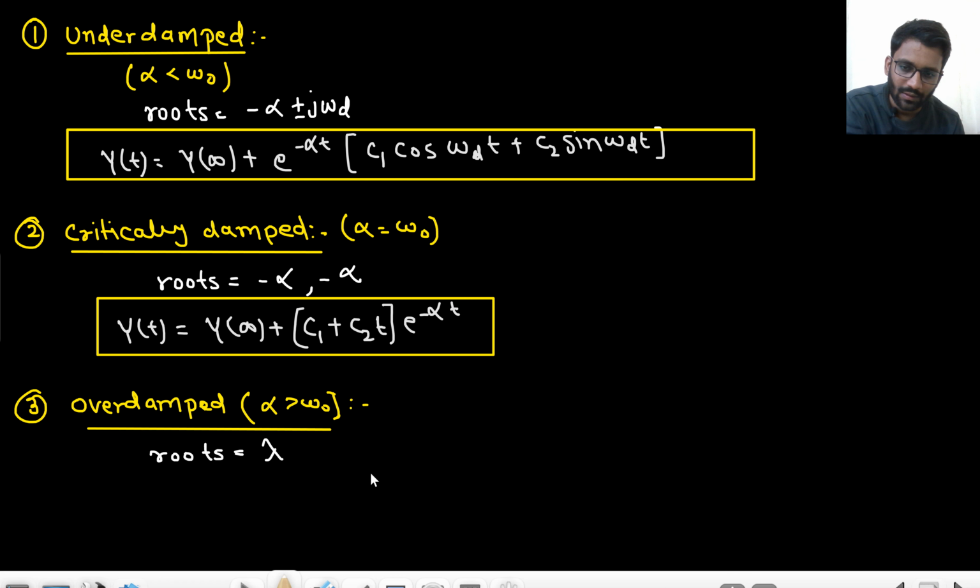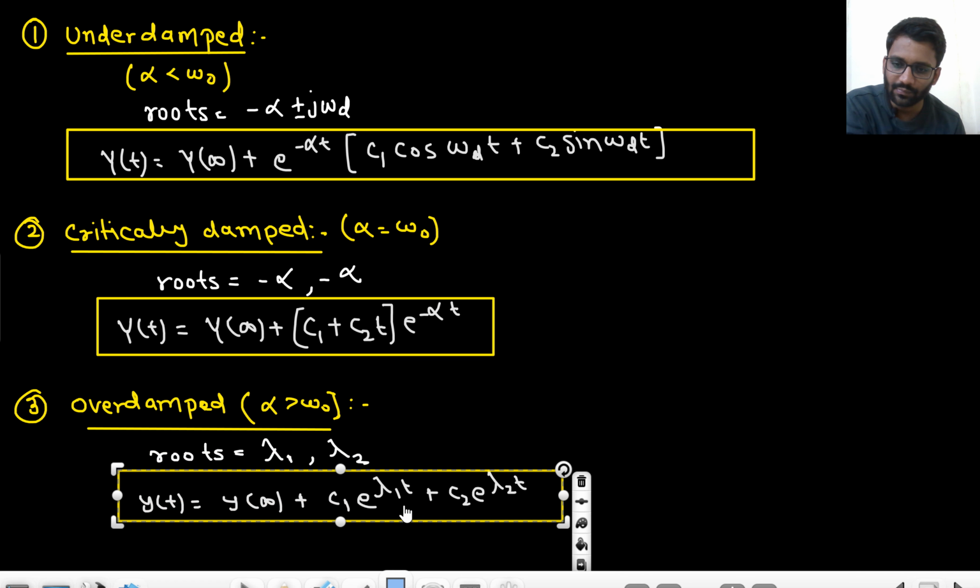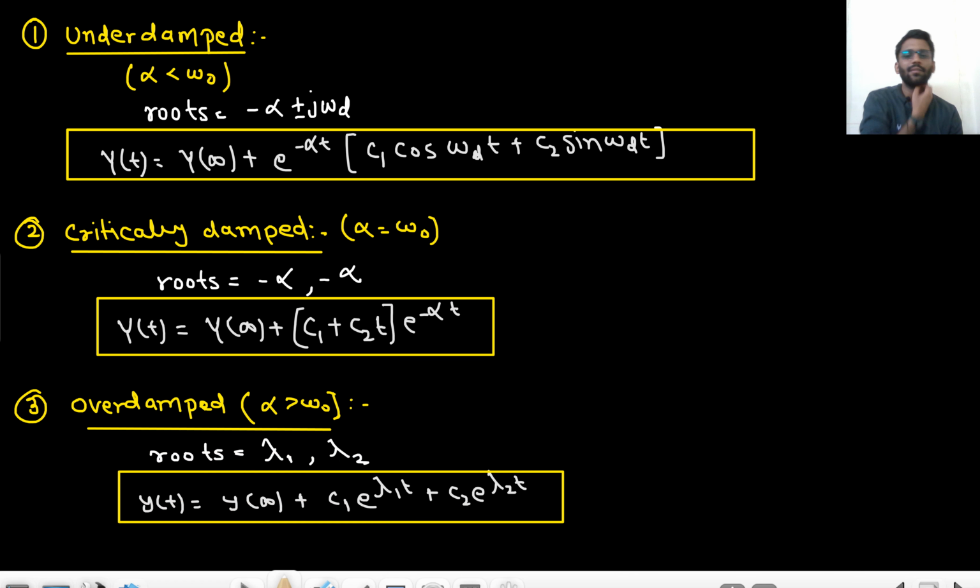Roots are lambda 1 and lambda 2. What will be your y of t? Y of infinity plus c1 e to the power lambda 1 t plus c2 e to the power lambda 2 t. So these are the responses.